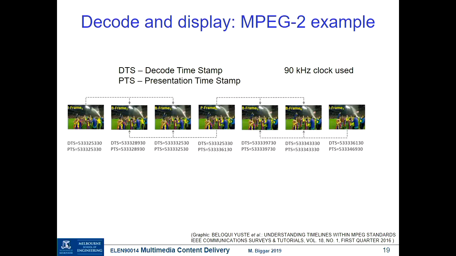Same thing here, and we can look at the differences just to make sense of the numbers. You'll see that the increment between these counts for each frame is 3,600, and if we divide 3,600 by 90,000, then we get 0.04, a 40 millisecond frame time. So that's the number of clock pulses between frame counts.